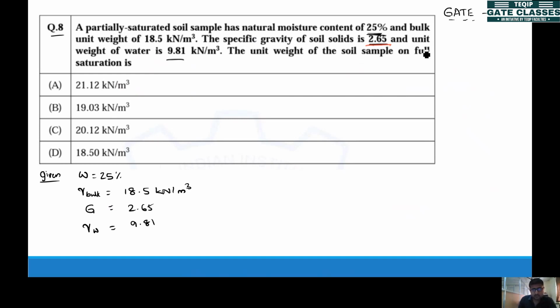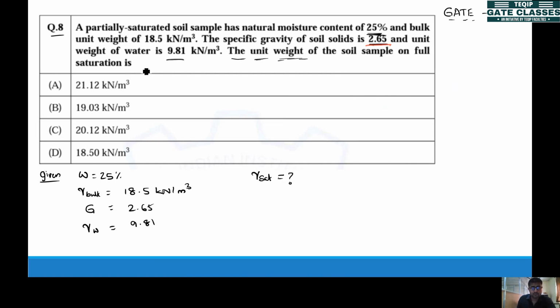The unit weight of soil sample on full saturation is, so he's asking the question now. What is the saturated unit weight? From now on, we'll take an oath: whenever we read a question, read the last part of the question at least twice, because you don't want to make mistakes.